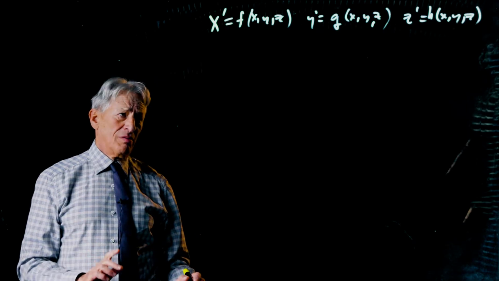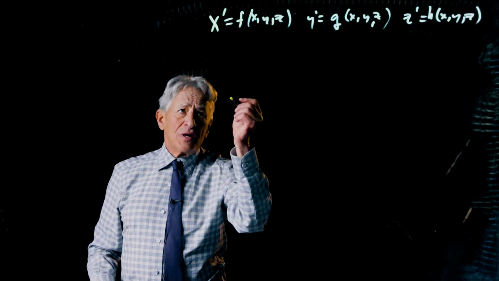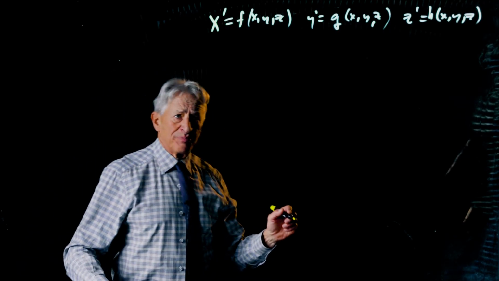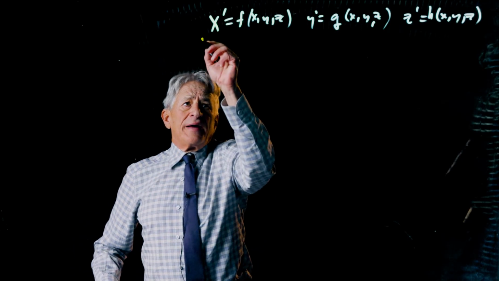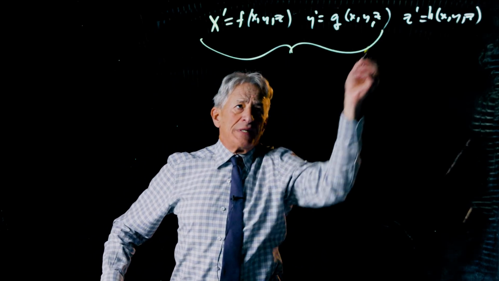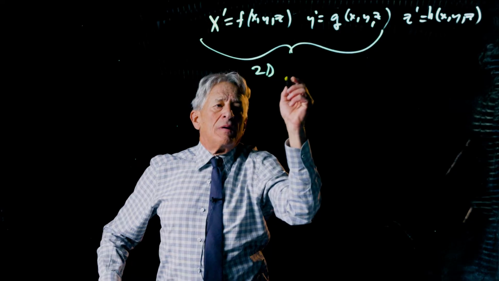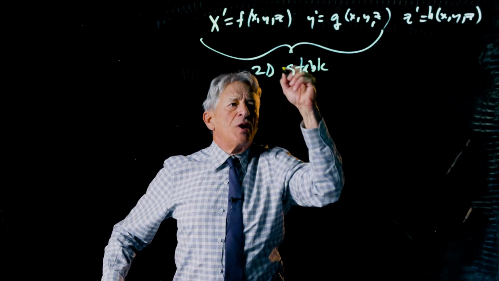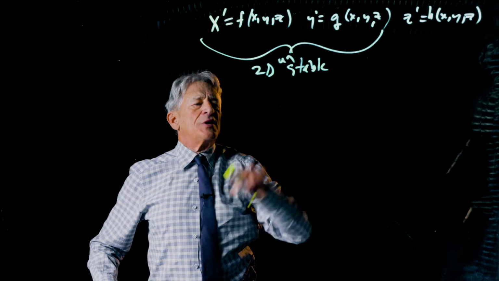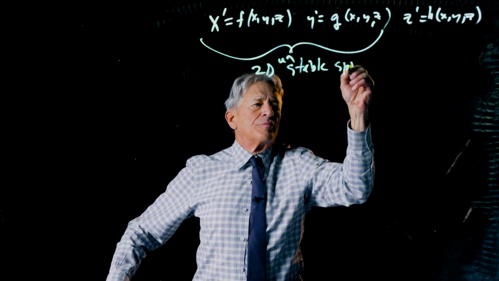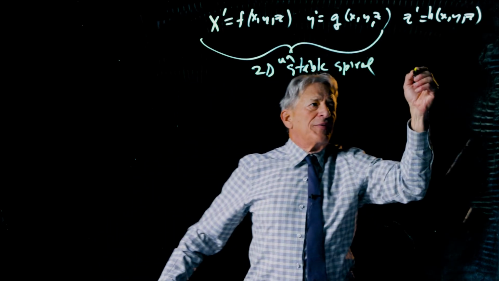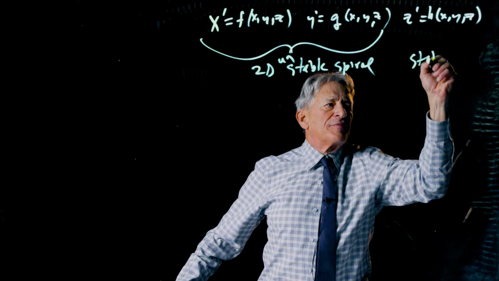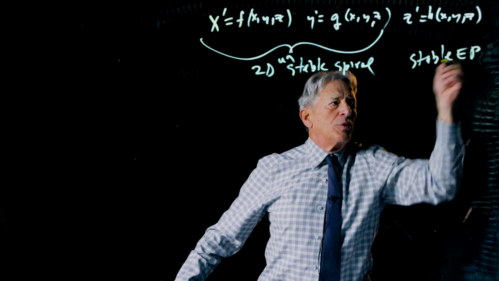For example, let's look at a system that has a 2D stable spiral. No, you know something? I'm going to do a 2D unstable spiral. And in the z-axis, I'm going to have a stable equilibrium point.